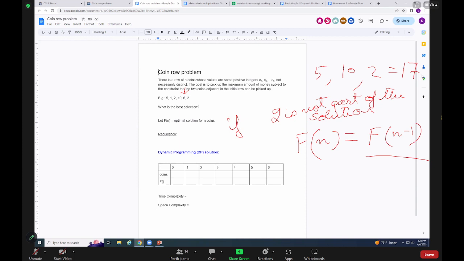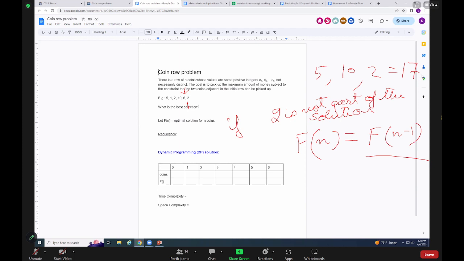So this top-down approach is just saying that if the nth coin is not a part of the solution, then why was it not a part of the solution? Because perhaps you included 6. That is why you are not able to pick up 2. Because for any positive number, even how small, like 1, 2, it will only add to the maximum.